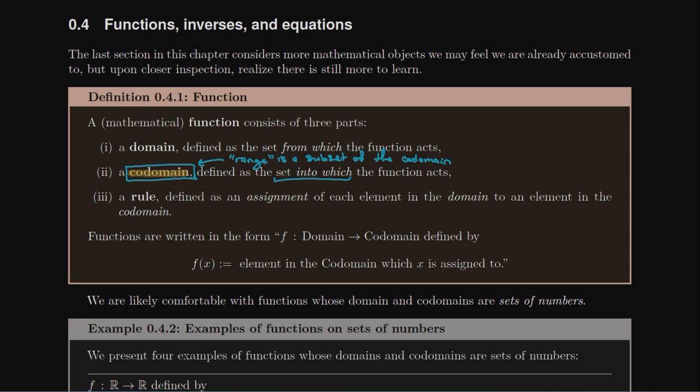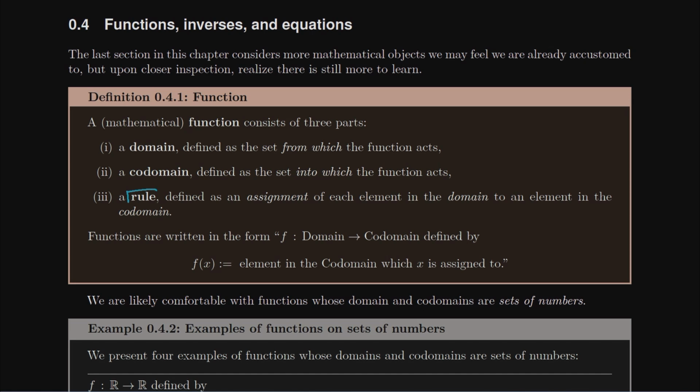You could think about Middlebury College as a codomain, but maybe Carr Hall in Middlebury College is a specific range. It's a specific subset of the codomain, and maybe a function only puts you into Carr Hall rather than the entire Middlebury College. So think about codomains as this larger area that functions have the ability to place things into, but they don't necessarily have to hit everything in the codomain.